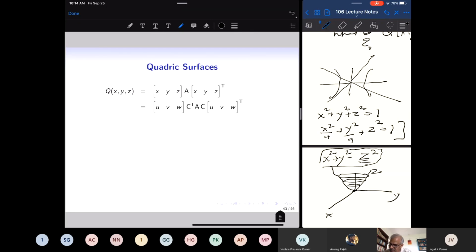So the quadratic part was xyz times A times xyz transpose, but A is equal to C transpose AC.